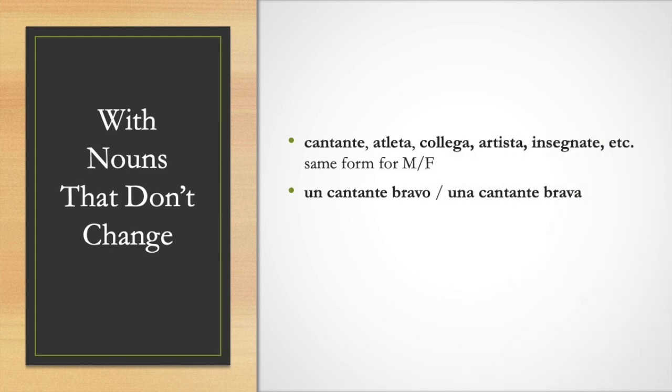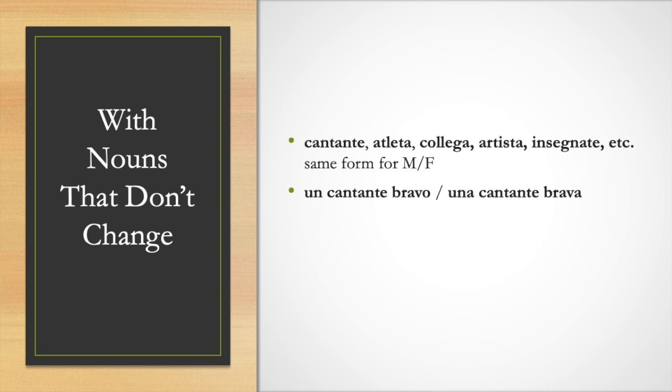As you know, some nouns like cantante, singer, or collega, colleague can refer to both males and females. In these cases, the gender is indicated by the article, un, uno, and so on, and the adjective.